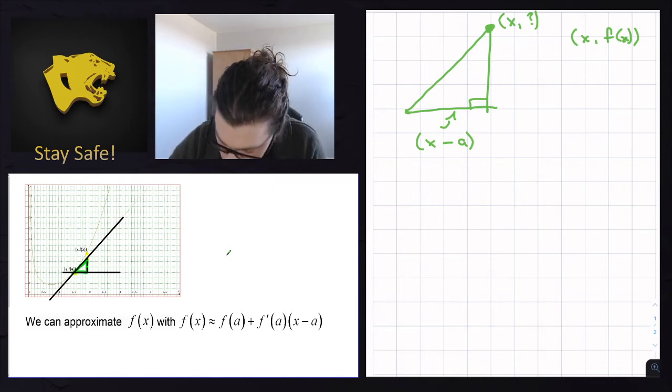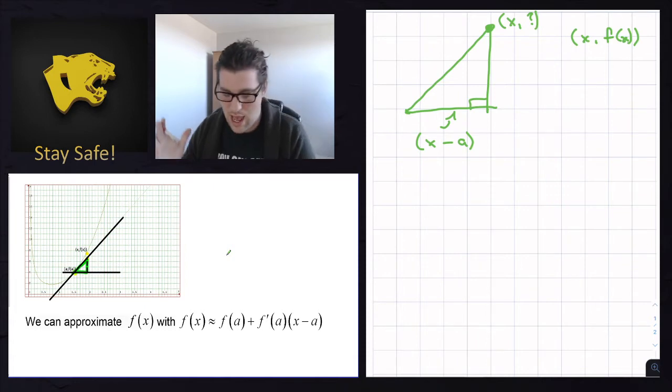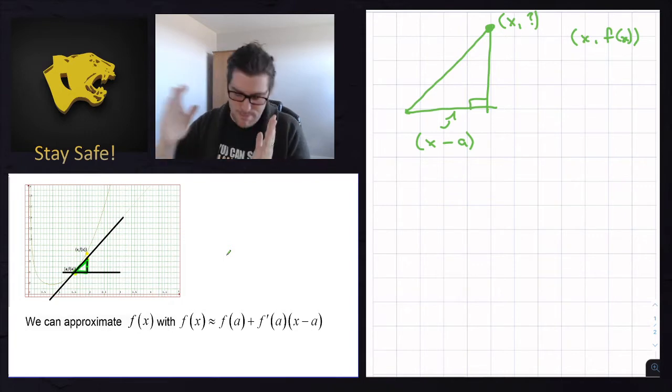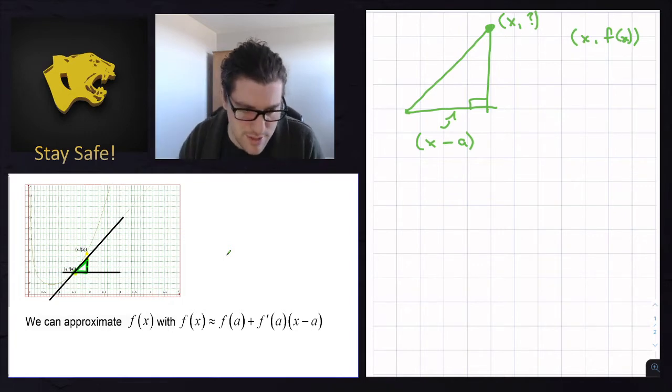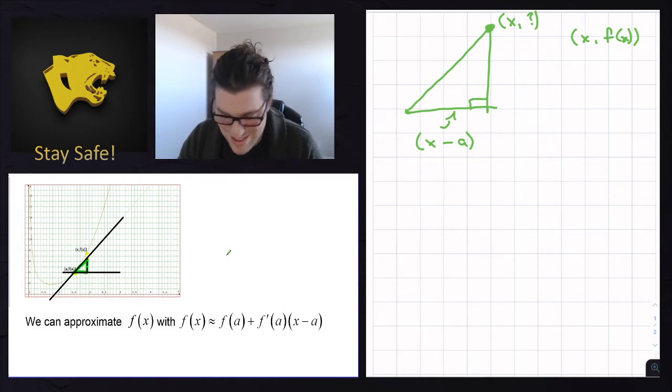So the bottom would be at the same x value underneath the part that's lined up, and so it's x minus the original value along that x-axis, which is a. So that's x minus a long.